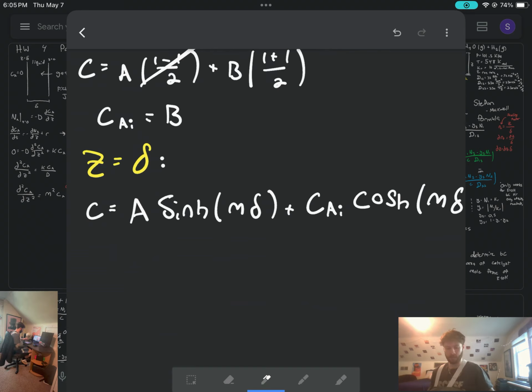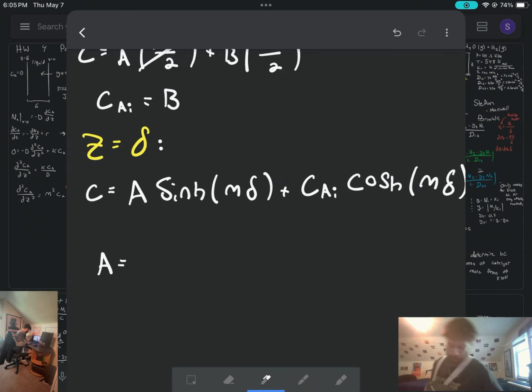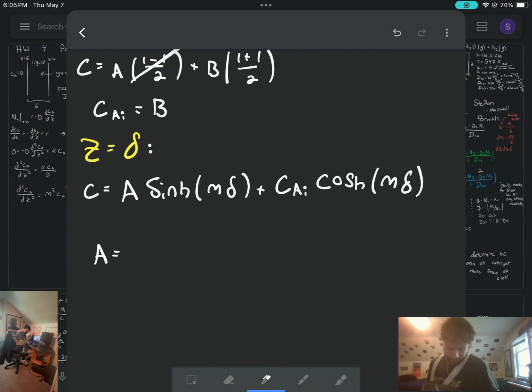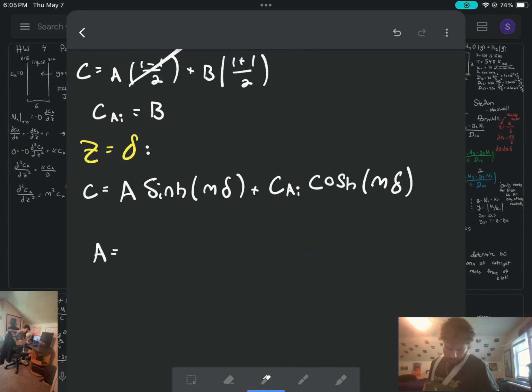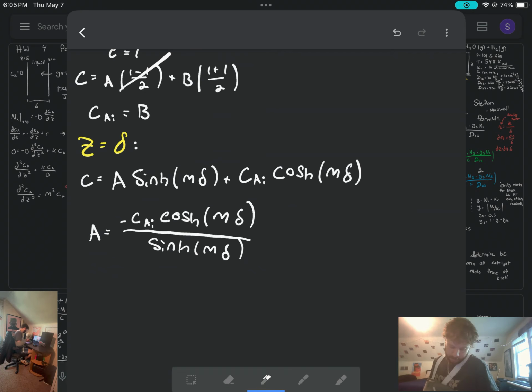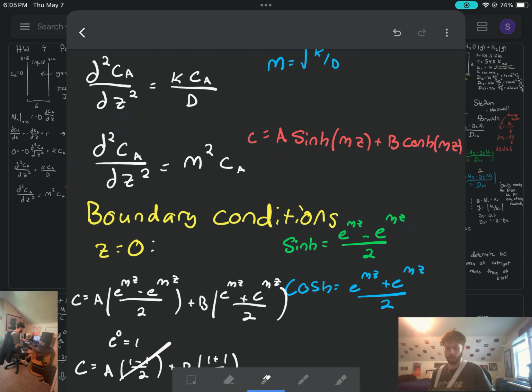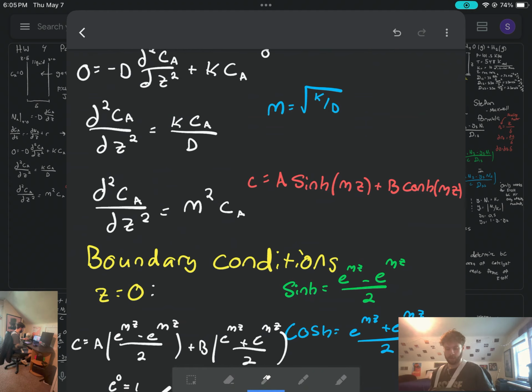Rewriting this, we can solve for our constant A. So A equals our negative concentration at the interface times cosh m delta divided by sinh m delta.